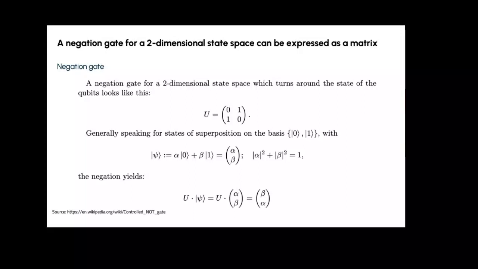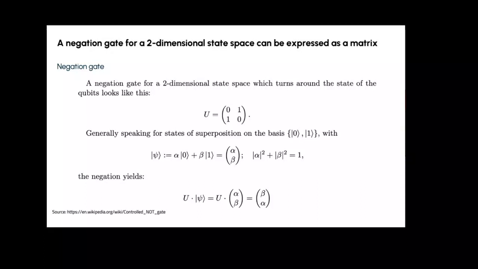And if I add these two together, then I get alpha, beta, because vector addition is just this plus this goes in the first place, and this plus this goes in the second. This explains why adding these two yields (alpha, beta) as a vector. And so you see these are the complex numbers with which I have to multiply the states. So my vector is no longer a combination of 1 and 0, but it is now (alpha, beta).